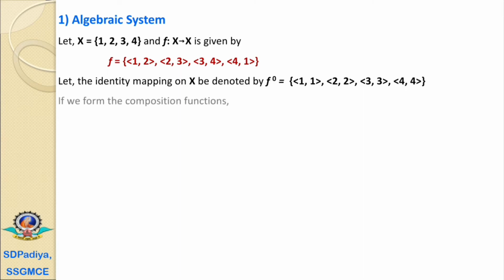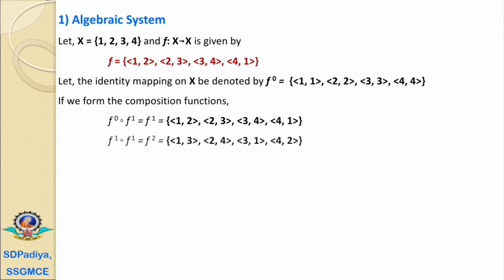Now moving to the next, let's have a set X with the four elements 1, 2, 3, 4, and a function that maps X to X is given by f.